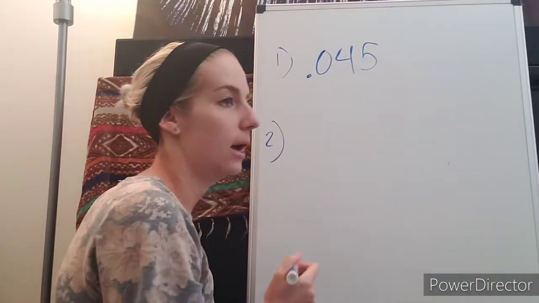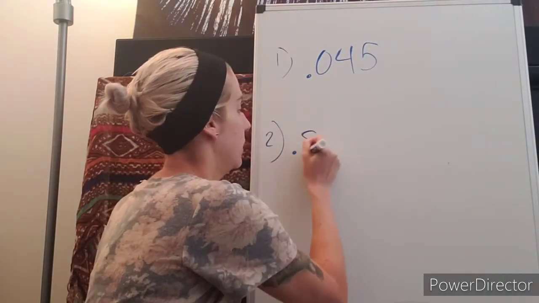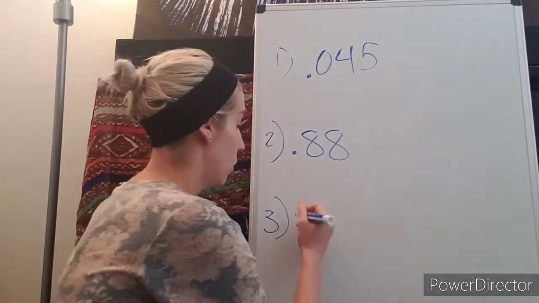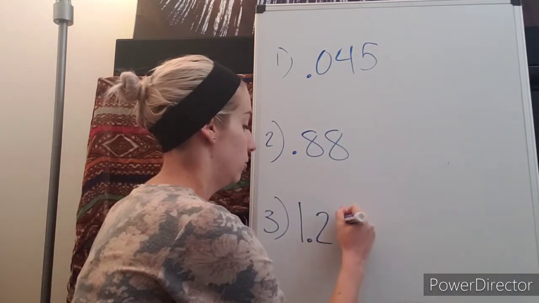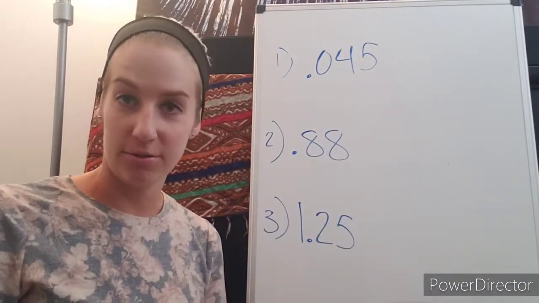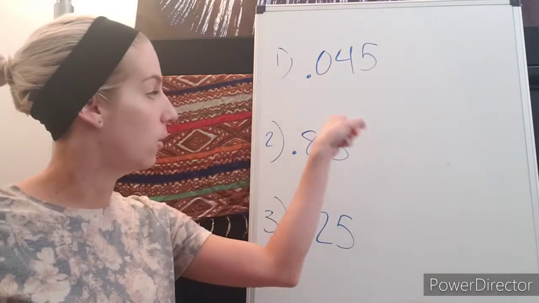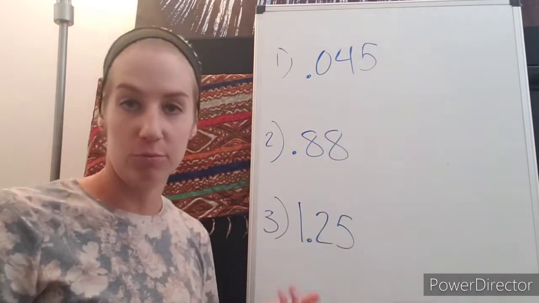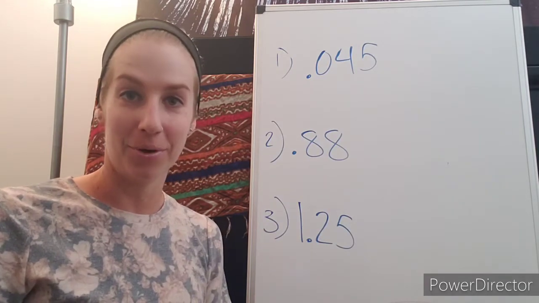Number 2, let's go with 0.88, and then for number 3, if I have 1.25, okay? So really quick, pause this video and see if you can figure out what each of these would turn into as a percentage, okay?